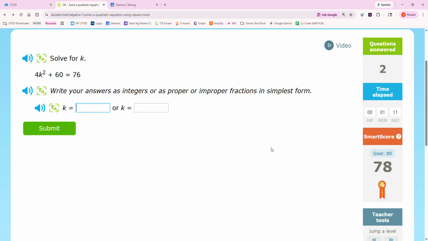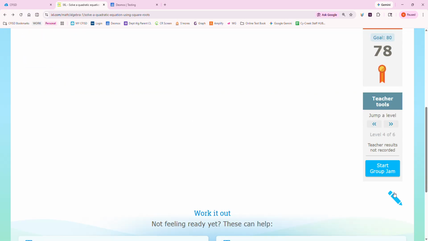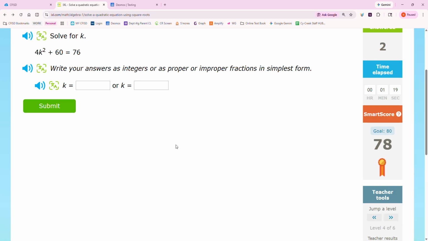All right, now here we're going to isolate k. So I need to move the 60 over. So this becomes 4k squared equals 76 minus 60. 76 minus 60 is going to give me 16. So this becomes 4k squared equals 16.